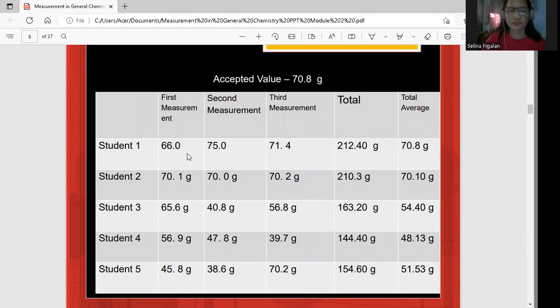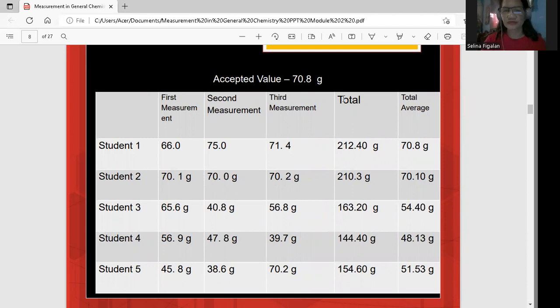So in the first measurement, the first student ay meron siyang average, total average of 70.8. Paano ginawa ito? I-add mo lang to class. Then you have to divide this into 3 para makakuha ng total average. Pag kumukuha ka, if it is accurate or not, kailangan close or equal to the accepted value.